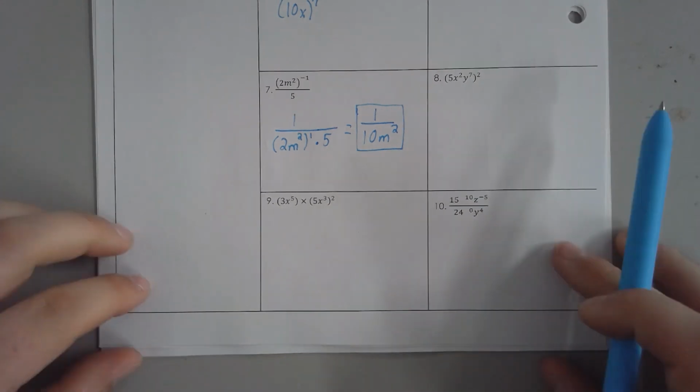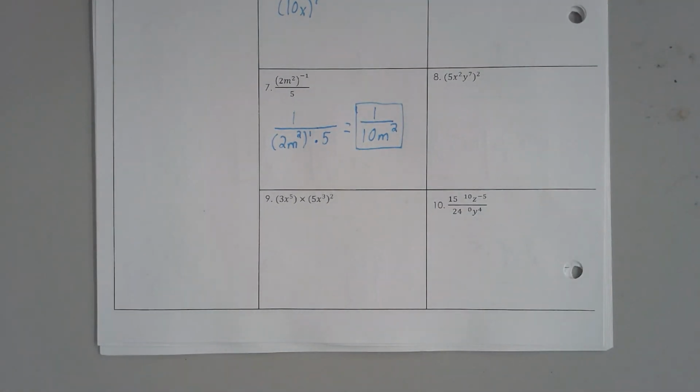All right, number 9 here. This one's got a couple steps to it. So who remembers the acronym PEMDAS? What is it? So that's how you remember it. You remember what it stands for. Parentheses, multiplication.